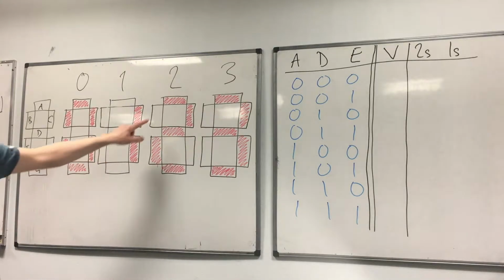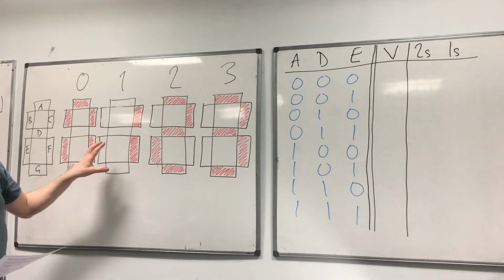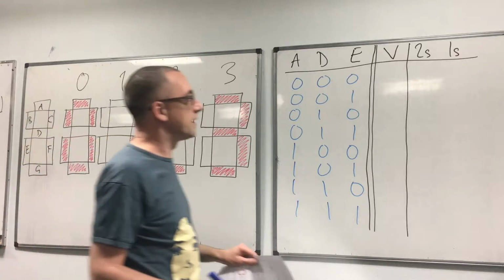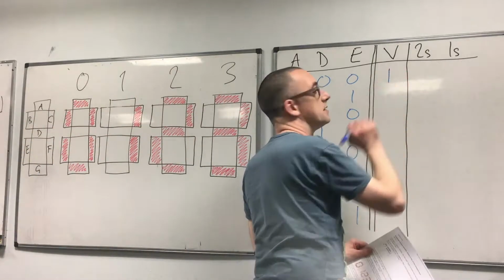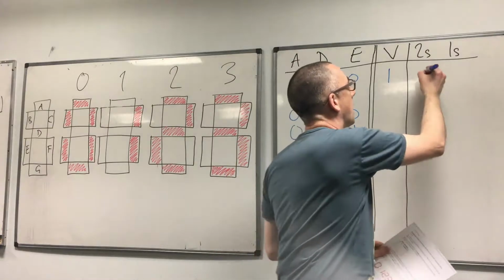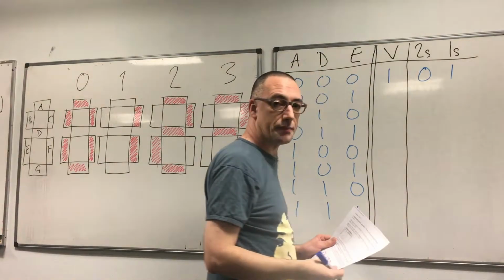You can see that 2 and 3 both have A and D switched on. So it does match a valid number, and that valid number is 1. So let's fill in a 1 here to say that this combination gives a valid number, and the binary code for 1 to say which number.